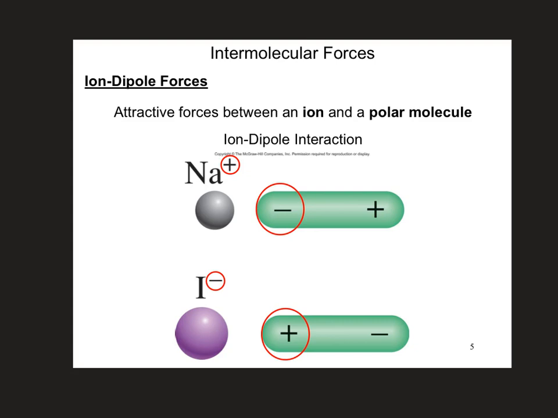Salt water, probably the most common mixture of all. Salt water is a mixture of salt and water, right? Not a pure substance. It's made up of pure substances. And so this last one I kind of pull out and talk about separately, only because it is only present when you have a mixture.